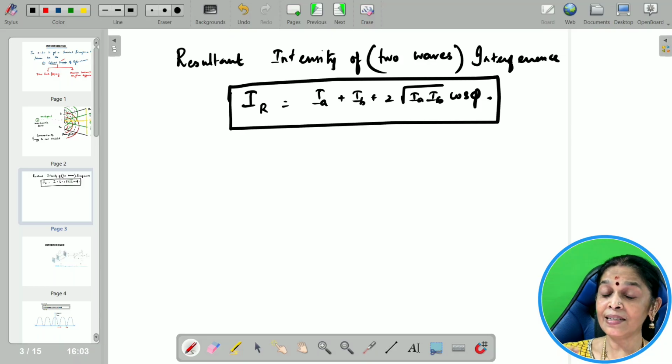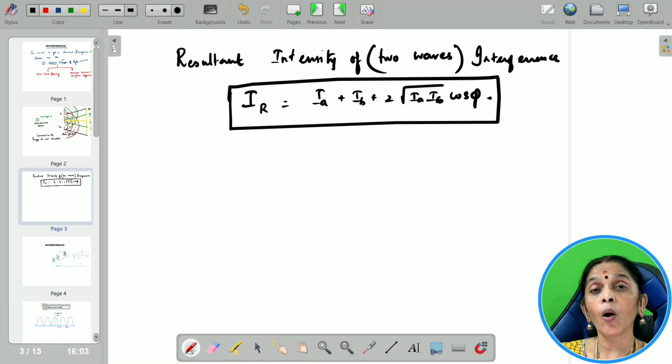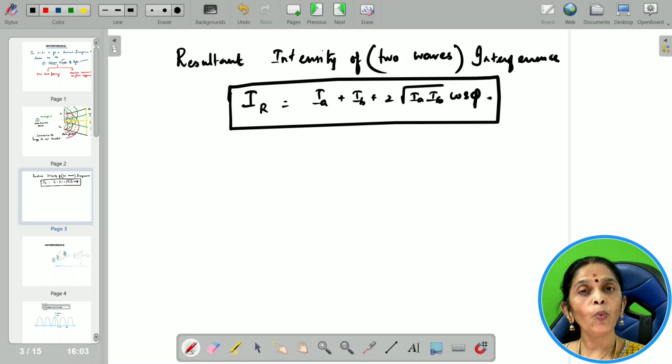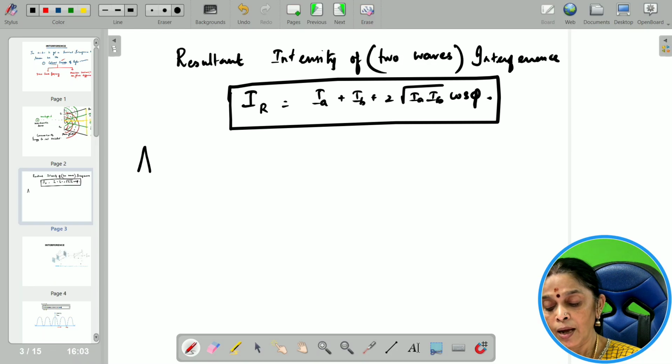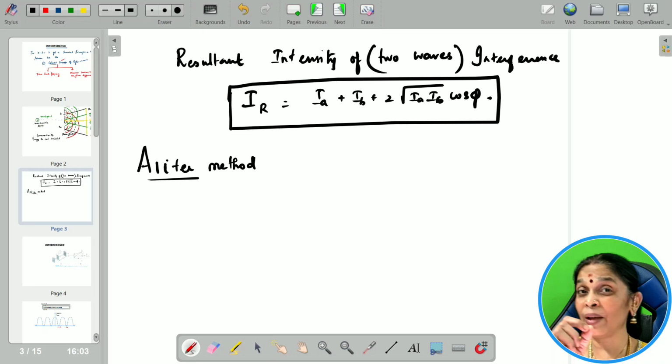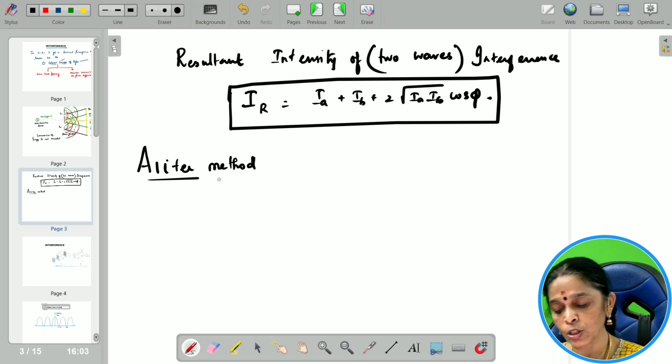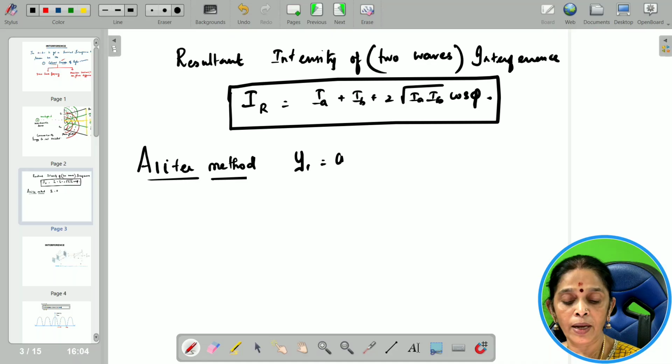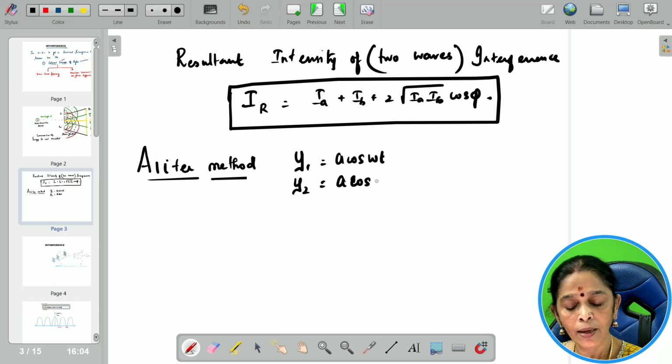Now, this resultant intensity can also be derived by an alternative method. What is that alternative method? Aliter method: instead of taking two individual amplitudes, I am going to take y1 is equal to a cos omega t and y2 is equal to, again the same amplitude, a cos omega t plus phi.